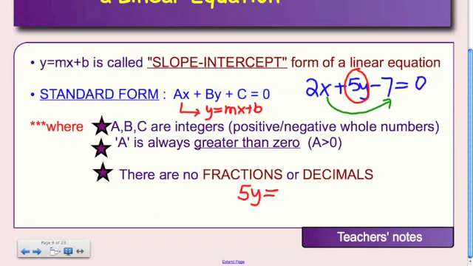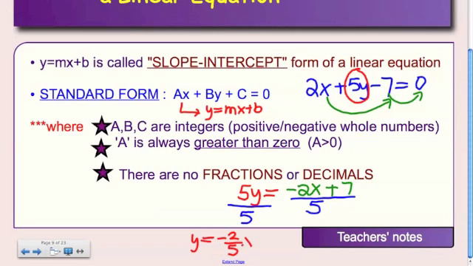Move my 2x over, move my negative 7 over, so I have negative 2x, positive 7. And then in order to isolate, because I'm trying to change it to y is equal to mx plus b form, I would divide both sides by 5 in order to get y is equal to negative 2 over 5x plus 7 over 5.